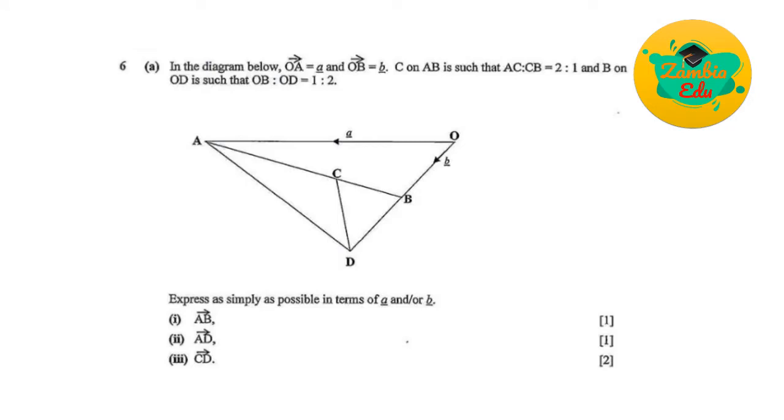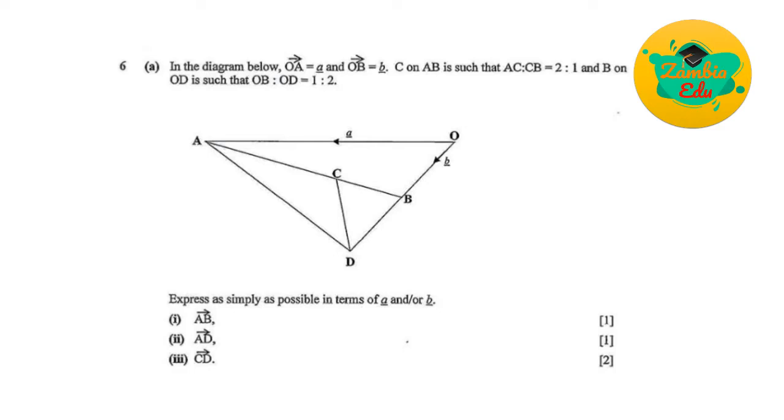In the diagram below, vector OA is equal to a and vector OB is equal to b. C on AB is such that AC to CB is equal to the ratio 2:1, and B on OD is such that OB to OD is equal to the ratio 1:2.